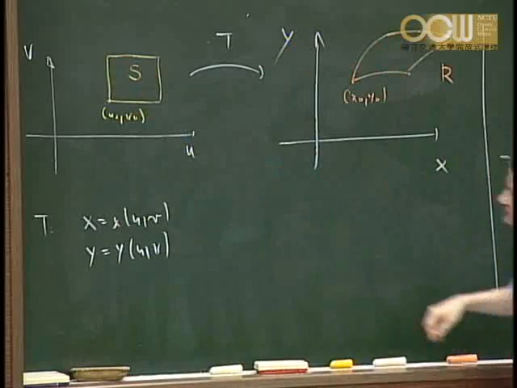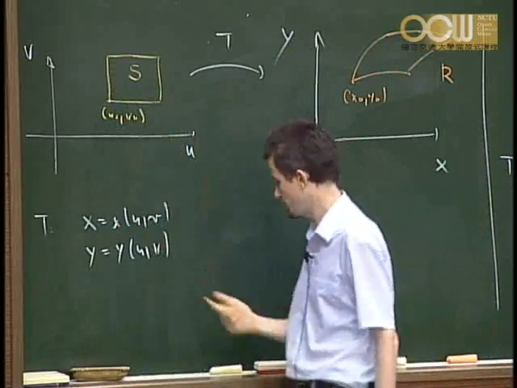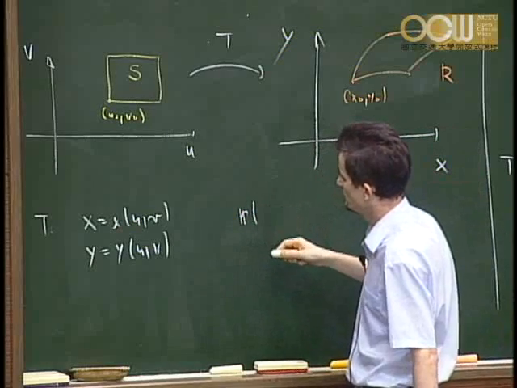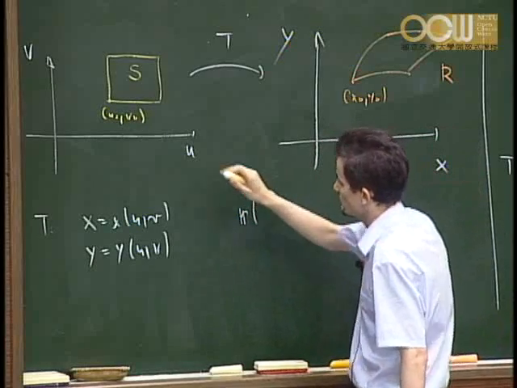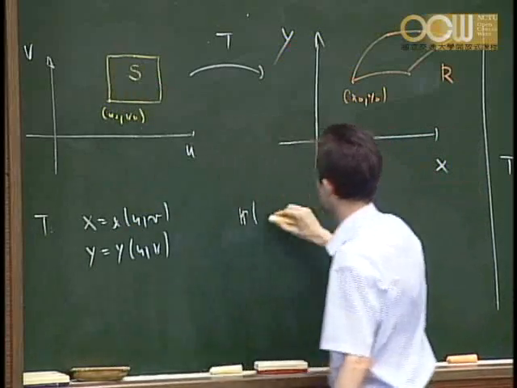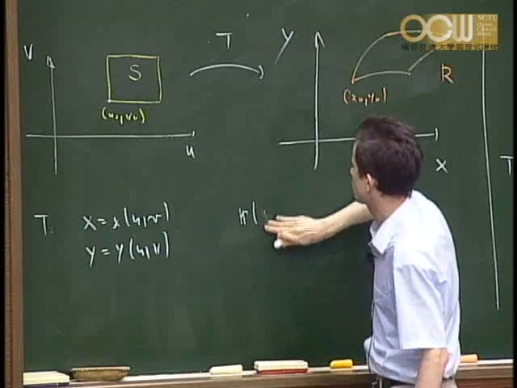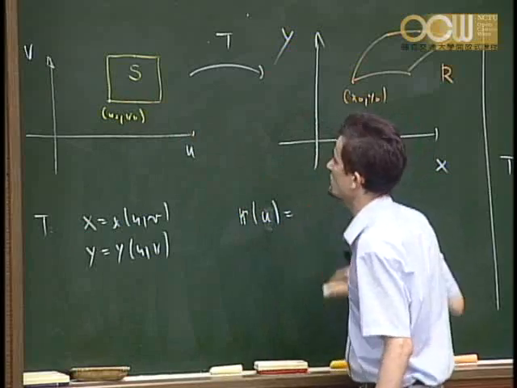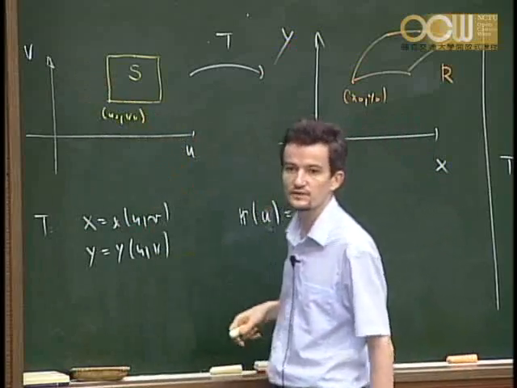Okay, but this line here is easy to describe. If you prefer vector functions, let's introduce the vector function R of U. Here we have to fix V, V is equal to V0.